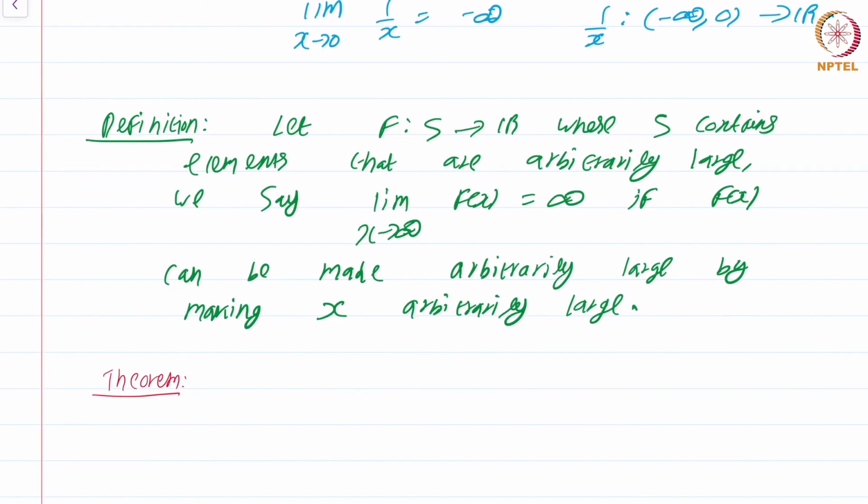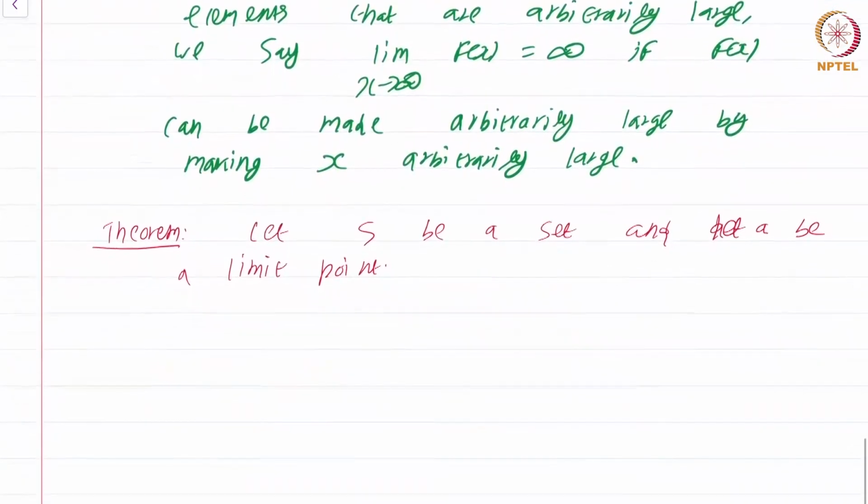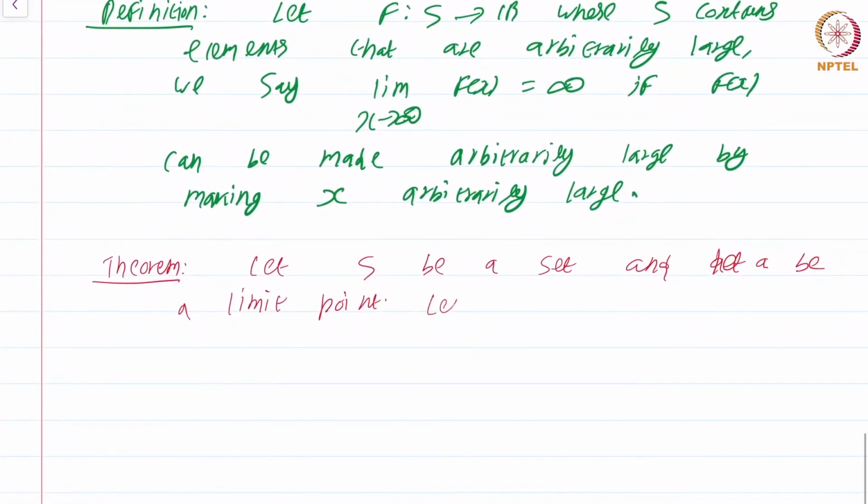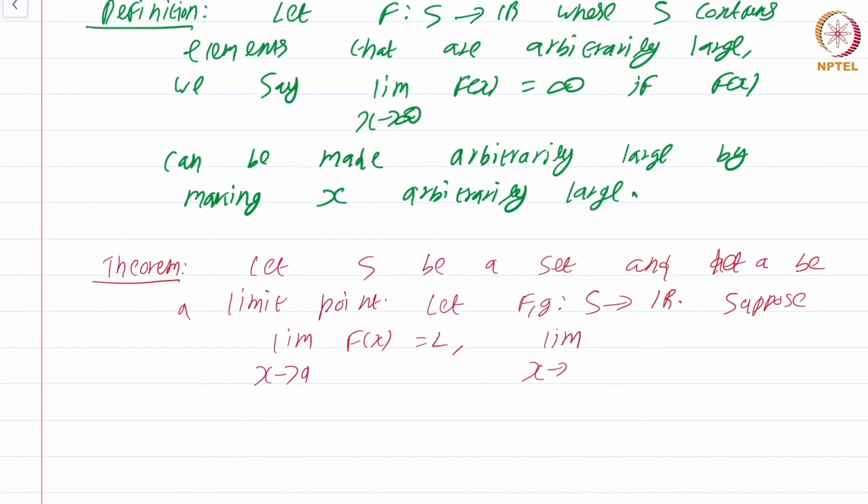Okay, let S be a set and a a limit point, and let f, g from S to R. Suppose limit x going to a of f of x equals L, and limit x going to a of g of x is equal to infinity.